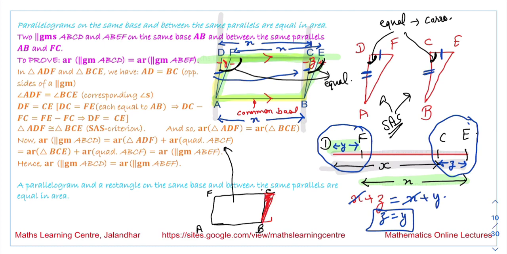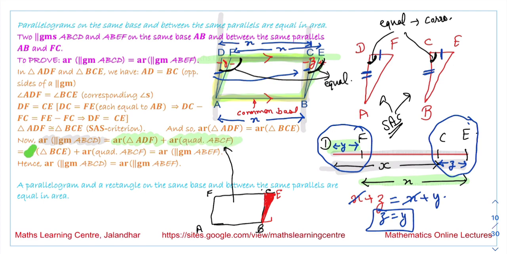Then this quadrilateral becomes the parallelogram. This point is E over here. This becomes ABEF. So the area of parallelogram ABCD, this is ABCD, is equal to the area of triangle ADF plus the area of quadrilateral ABCF.